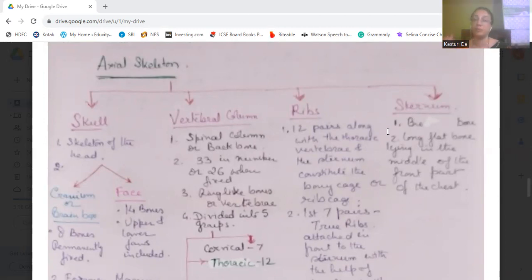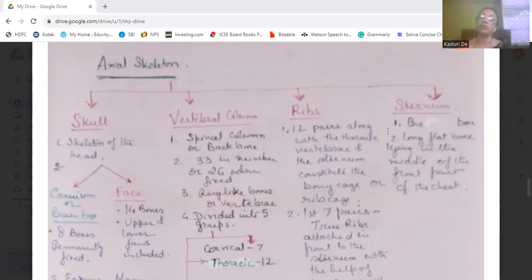There are 12 pairs of ribs, which start from the thoracic vertebrae. They are attached in front to the sternum, constituting a bone cage, or rib cage, you can say.